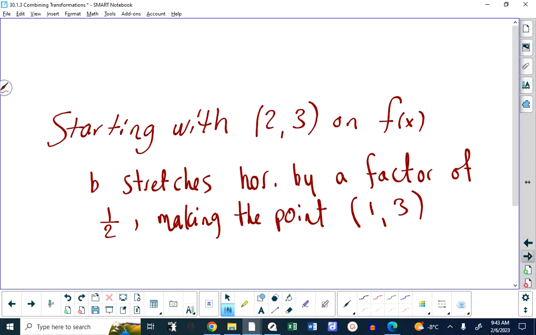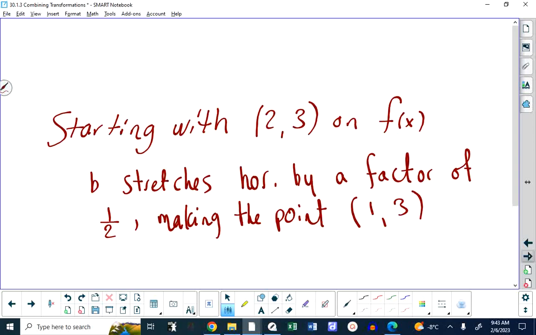Then what you would do, maybe even if you had a graph, you could show this. You would say that that key point needs to land at (0, 0), which means I need to take 1 away from x, so I need to shift it 1 to the left, and I need to take 3 away from y, which means I shift it down 3. So h is -1 and k is -3.